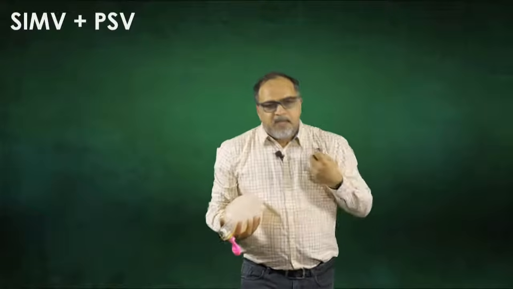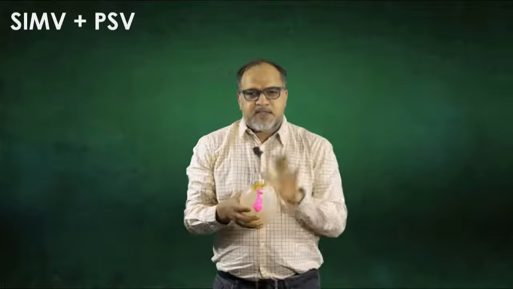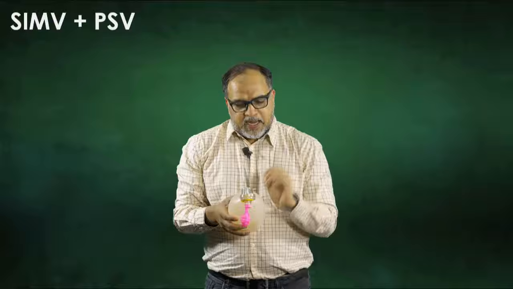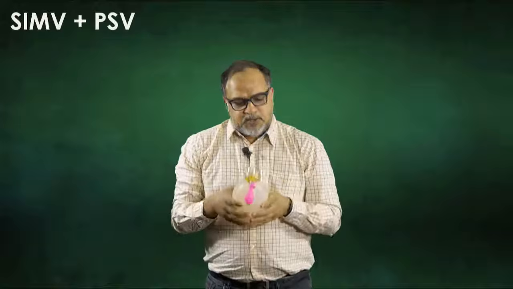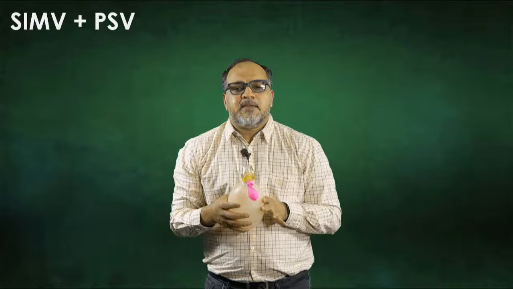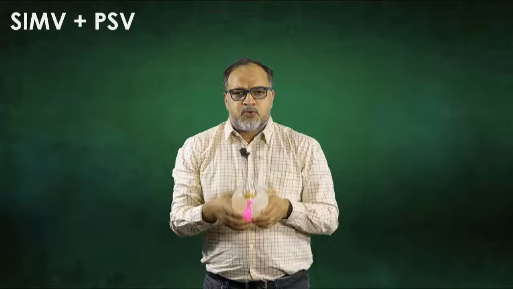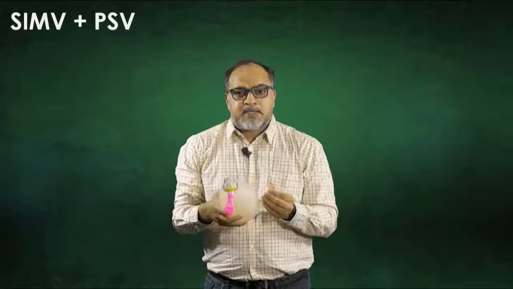Let's see. In SIMV plus PSV, let's say we have set a minimum rate of 10 and a tidal volume of 500. So how will it start? 1, 2, 3, 4, 5, no breath triggered, 500 ml of mandatory breath. That is SIMV. 1, 2, 3, patient triggered a breath.